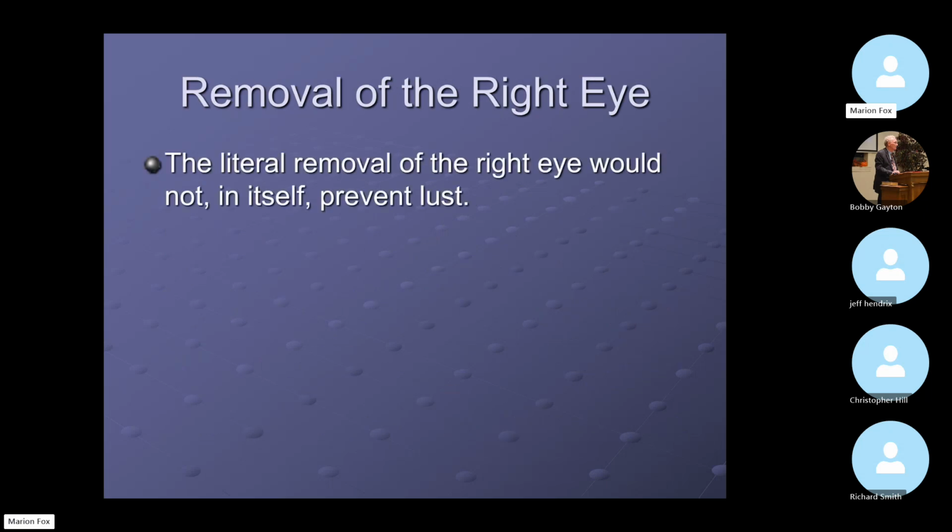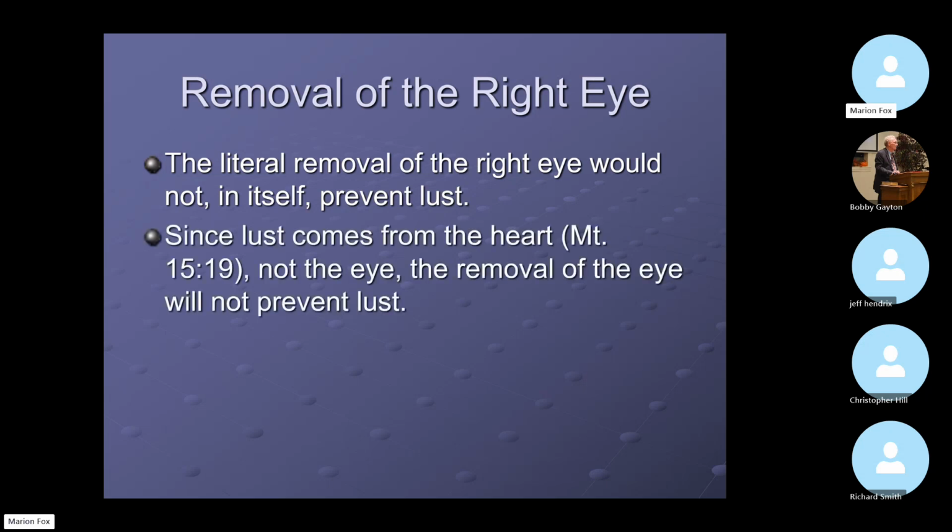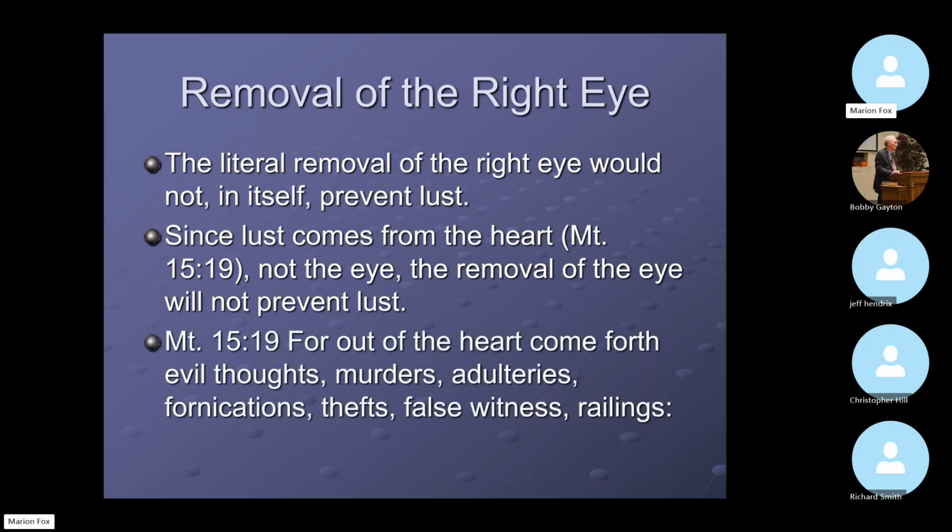The literal removal of the eye would not in itself prevent lust. One could be blind and still lust. Okay? Since lust comes from the heart, Matthew 15:19, not the eye, the removal of the eye will not prevent lust. So this is a figure of speech. We see in Matthew 15:19, for out of the heart come forth evil thoughts, murders, adulteries, fornications, thefts, false witness, railings, and so forth.